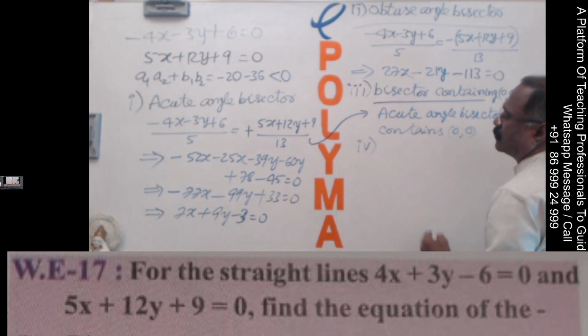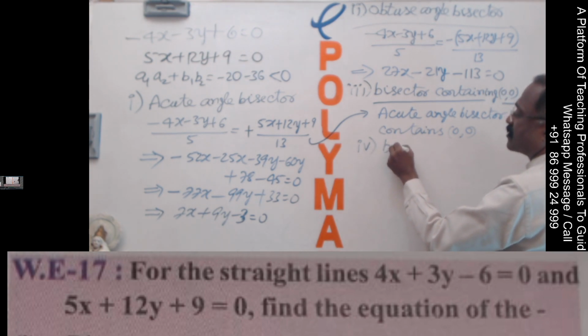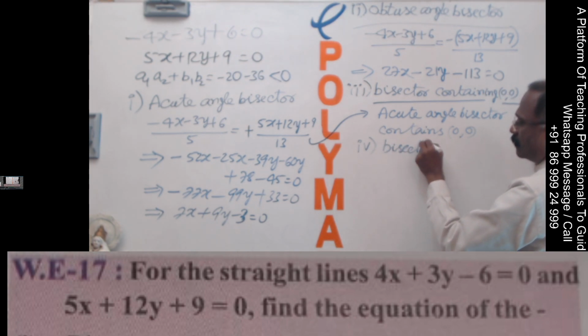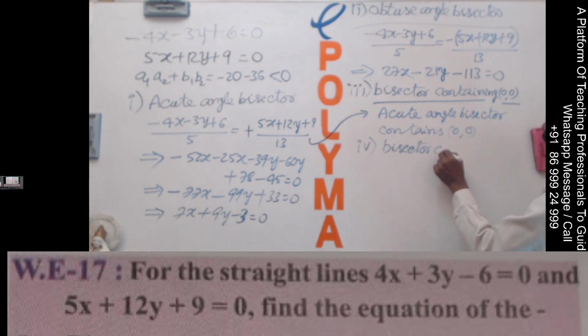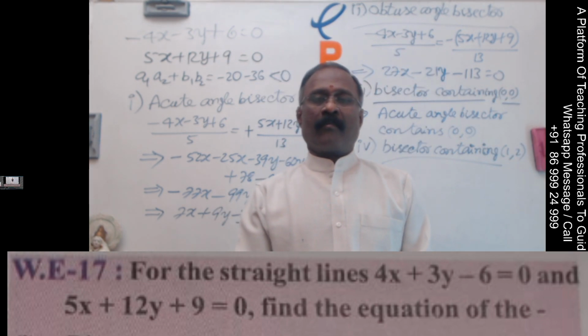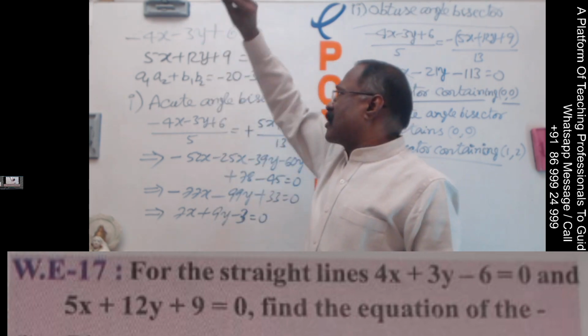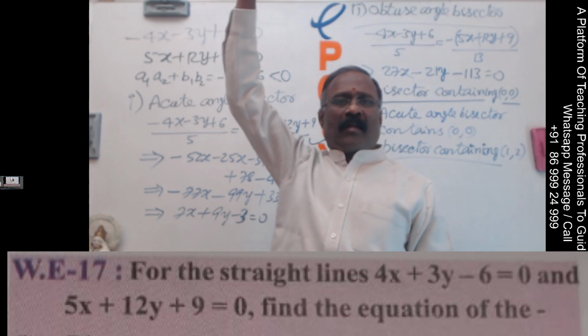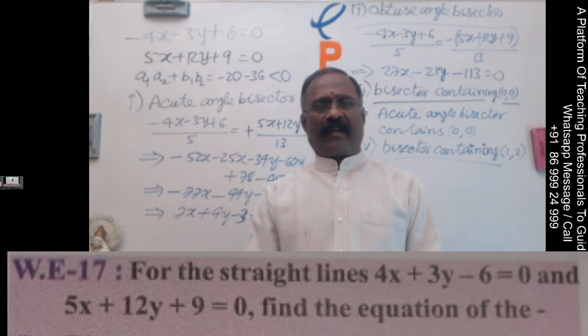Number 4, bisector containing 1, 2. This I did not discuss yesterday. For that one, very simple. Substitute 1, 2 in the given lines directly without changing the sign.